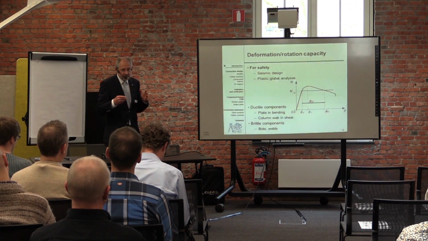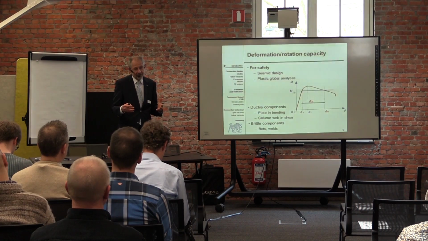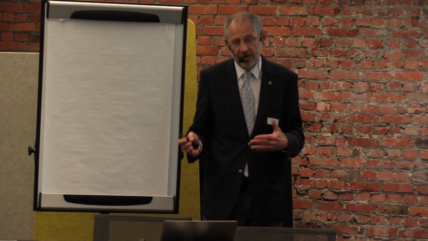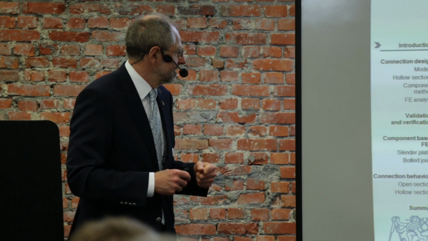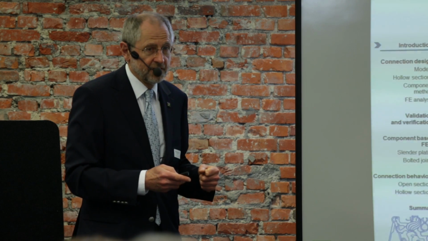So historically, good engineering judgment was used. So till now in Eurocode, we have brittle elements and we have ductile elements, and this is the procedure as we have till now.